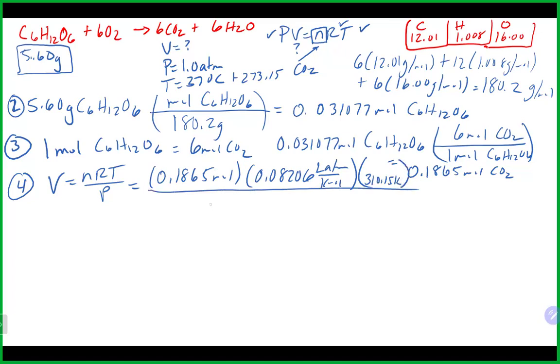All divided by P, which in this case is 1 atmosphere. So our moles will cancel, our Kelvin will cancel, our atmospheres will cancel. We are going to be left with liters as our units in this case. I'll try to get the right number this time. Let me see here.